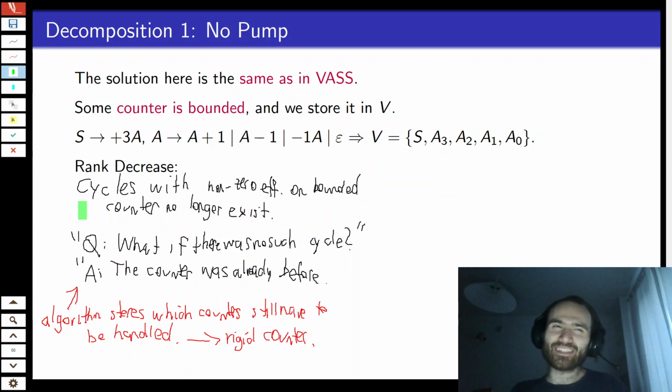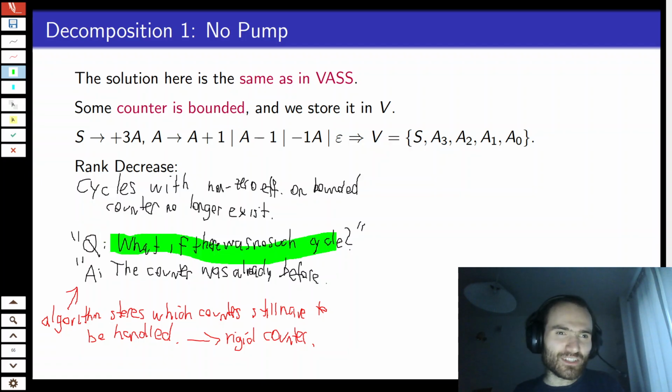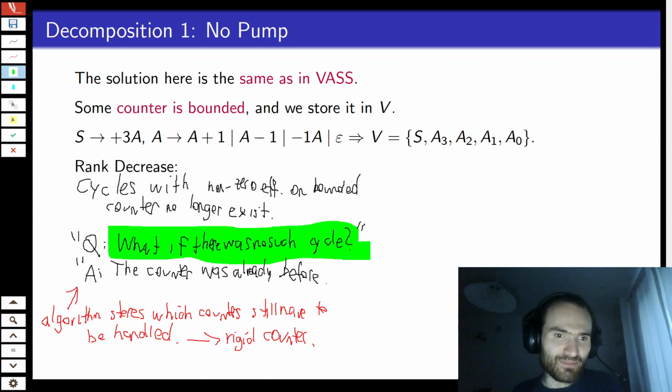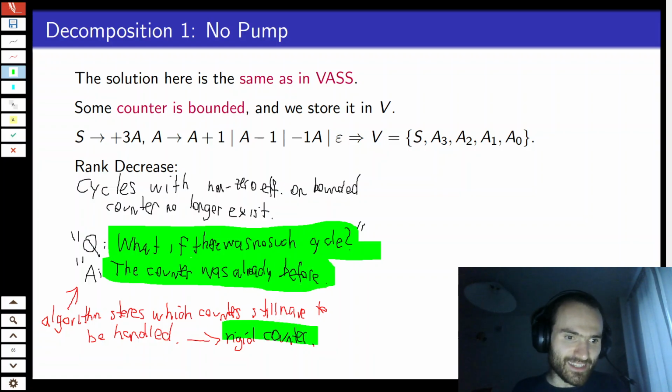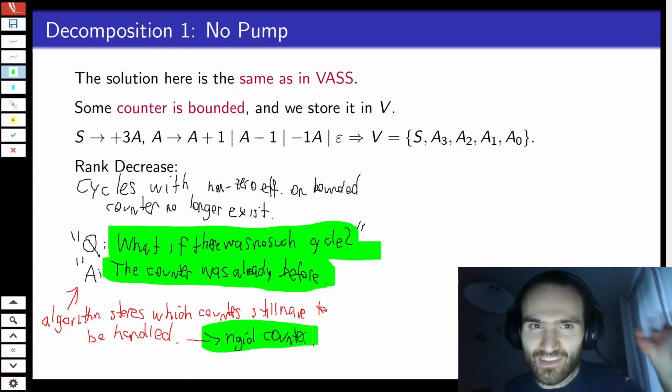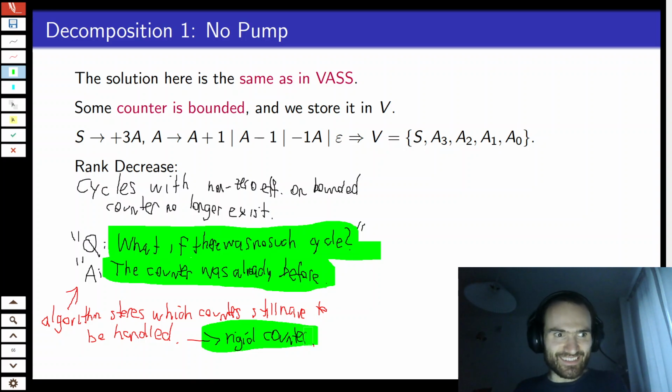Most of the steps have non-trivial sub-steps where you need to imagine, what if this stupid case happens? And then I need to tell you the counter was already removed before, meaning it was rigid, so actually we would not have done this decomposition. There was a separate step that would have dealt with the situation. This is the complicated thing about the VASS reachability algorithm.